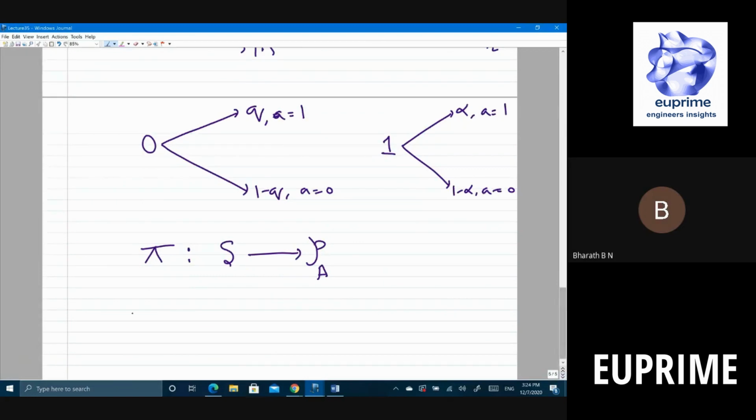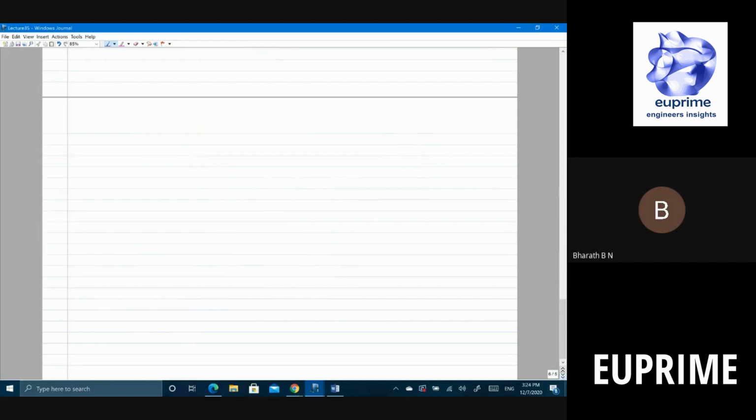Again, state is 0, 1. Action is also 0, 1: transmit, not transmit. This is the Markov chain. 0 is the state, and you decided not to transmit. Then this is Q0.